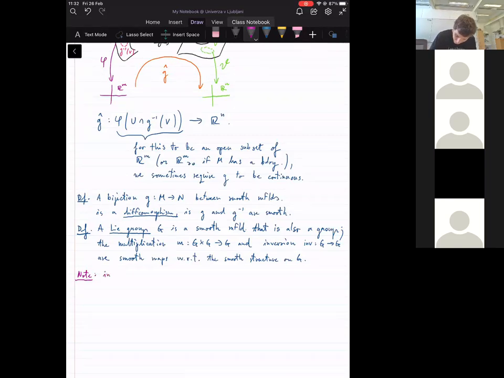Inv from G into G is defined as inv of g is g to the power of minus 1. What is its inverse? Itself. Since inv to the power of -1 is equal to inv, this map is automatically a diffeomorphism.